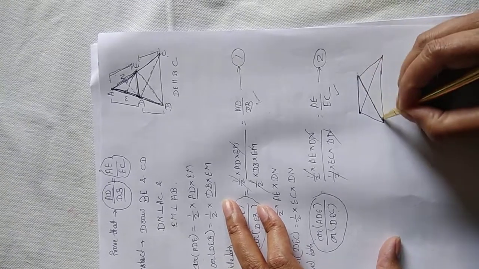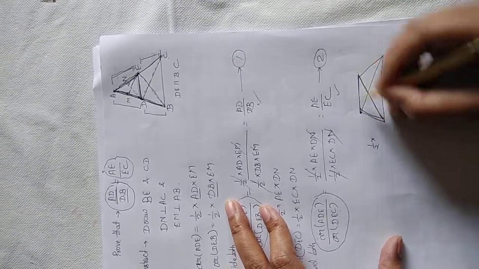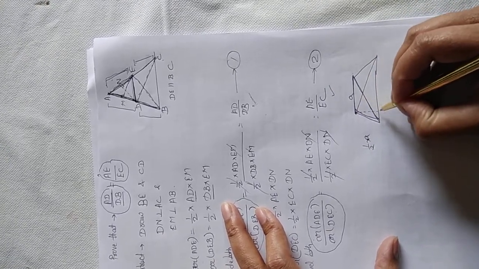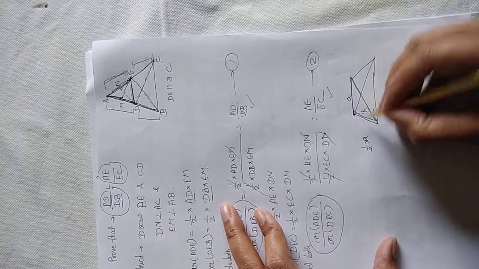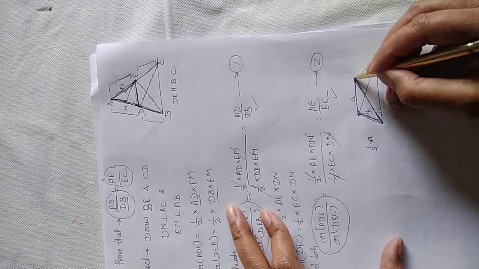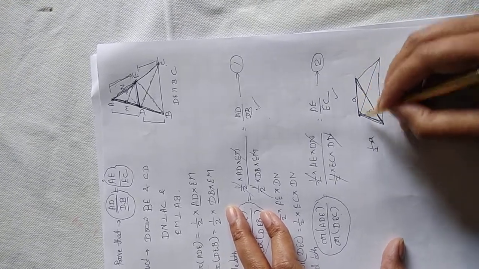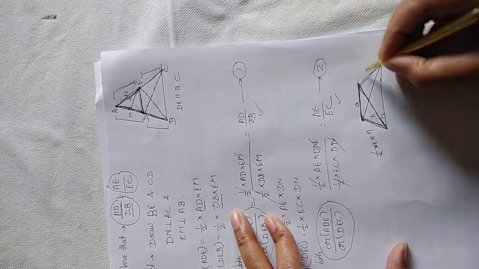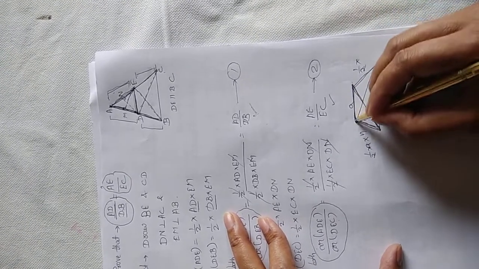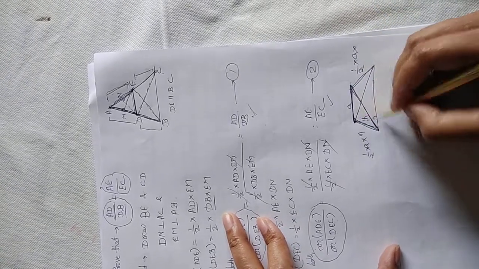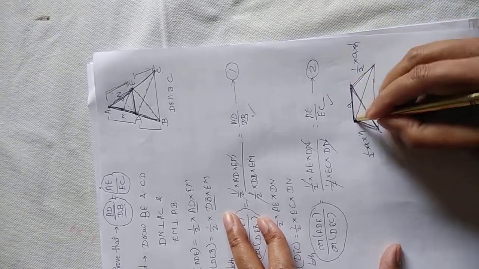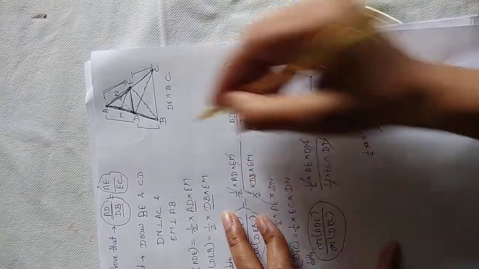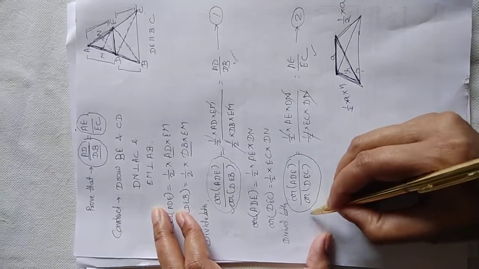So area of this equals half into, maybe this is A, base into, let's see, height, maybe H. So area of this equals half into A into height, and area of this triangle is also half into base, this A, and height. So for both triangles, the base is the same and the height is also the same. So both areas are the same.